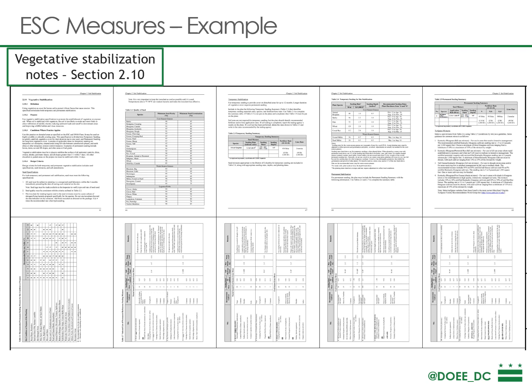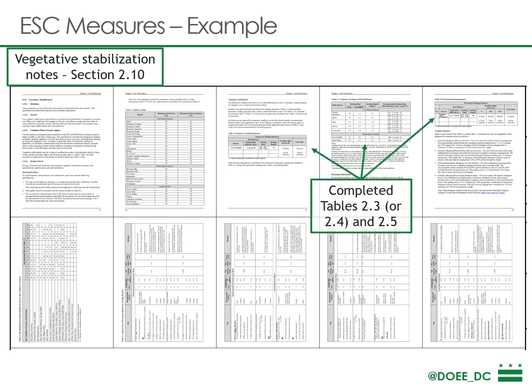Somewhere on the plans, you must have vegetative stabilization notes. So this is section 2.10 of the ESC manual. One key thing to include with these vegetative stabilization notes are these tables, completed table 2.3 or table 2.4 showing the temporary seeding, and table 2.5 showing permanent seeding.